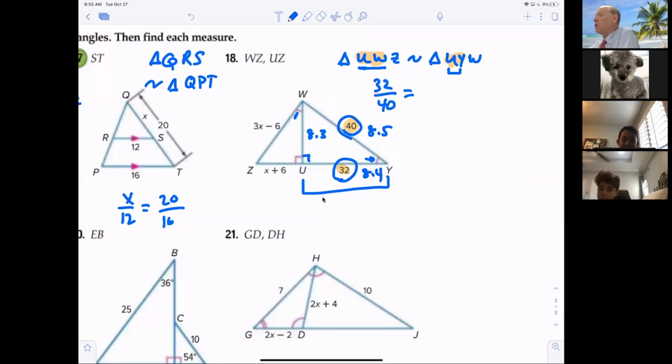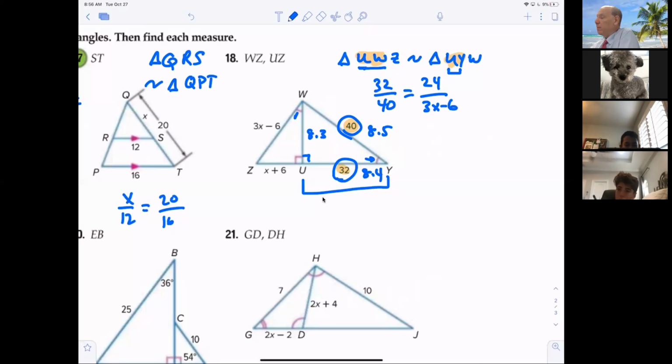So 32 corresponds to what? 24. And then 40. What does 40 correspond to? WY corresponds to, or WZ, or ZW, however. But that is what? Yes, 3x minus 6.